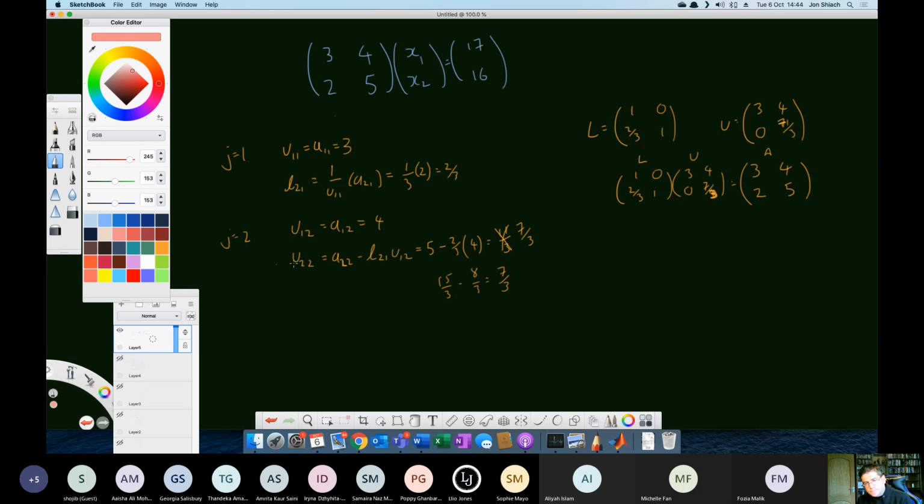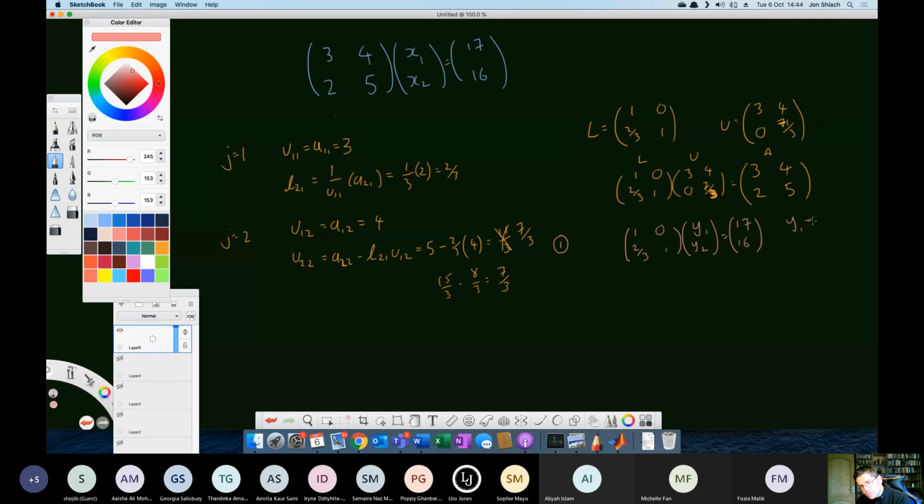So to solve, okay, we need to solve part 1, which is solving Ly equals b. I said Uy, sorry, Ly equals b. So L times y equals b, so 17 and 16.